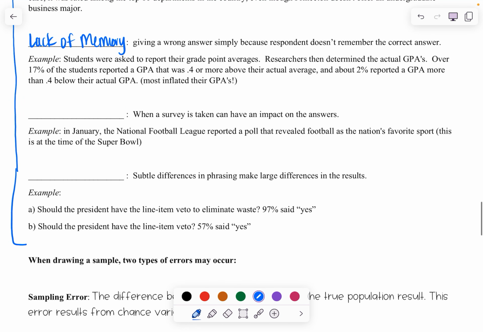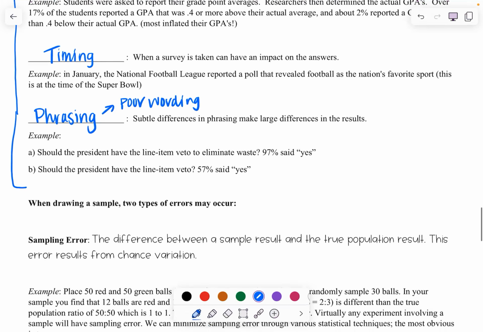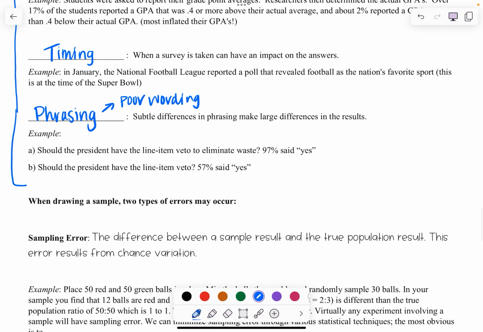The next big one, you could get different answers based on timing. If I asked you what your favorite sport was, or favorite sport to watch on TV, and I ask you in January, February, most likely a lot of people will probably say football because that's right around when playoffs start happening and the Super Bowl.